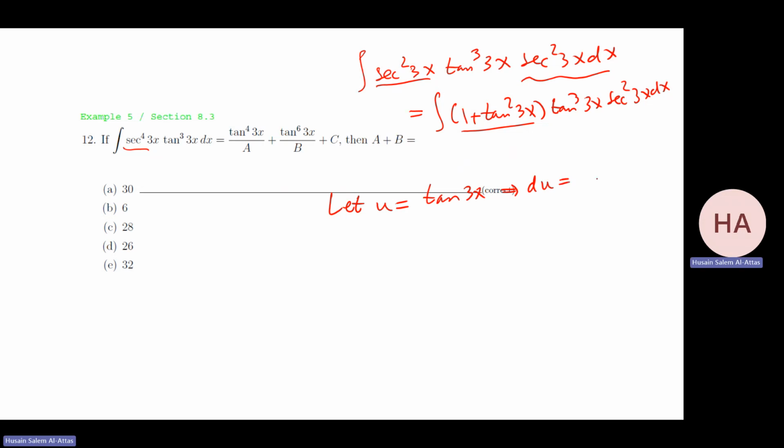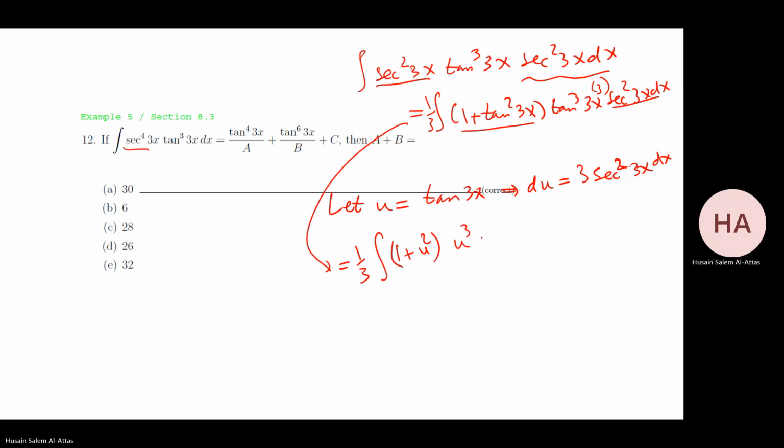Du will be 3 secant square 3x dx. So I need 3 here. I need 1 over 3 outside. So this one will be 1 over 3, 1 plus u squared times u cubed du.